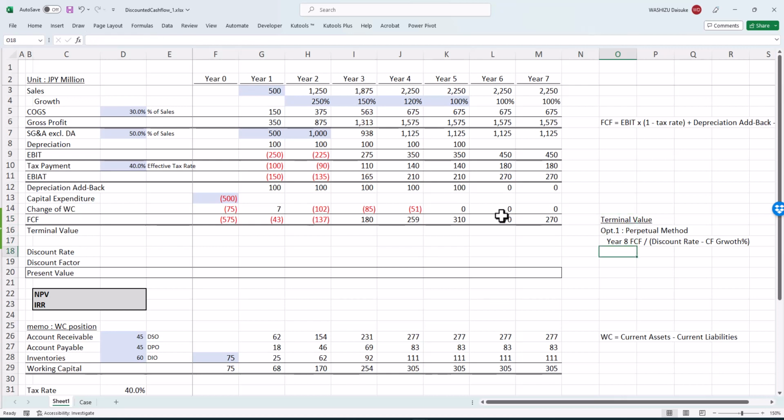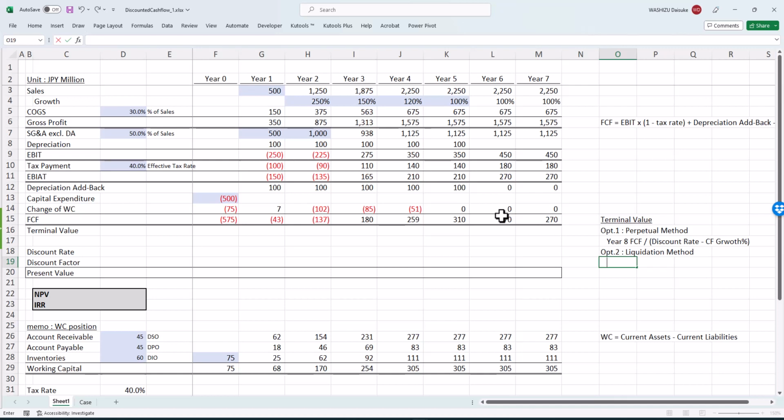And the second approach is the liquidation method. What is it? If we have an assumption that the brand ends at year 7, the project will be closed in year 7. We have some liquidations.